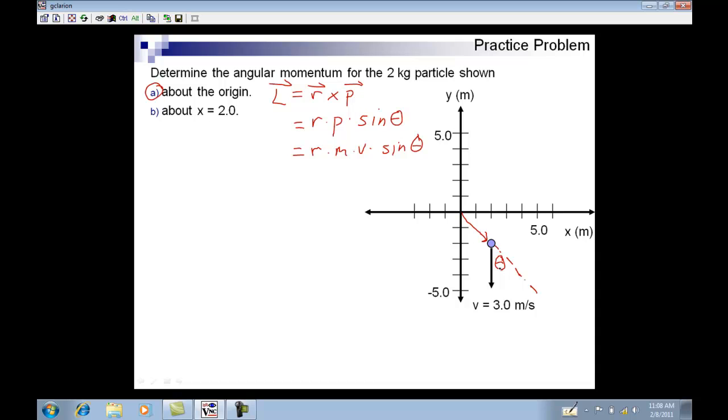But as you notice, that angle theta is the same as what other angle? Good, right there. This goes to 0, -2, and this is positive 2 right here. So what should that angle be then? It should be 45 degrees.